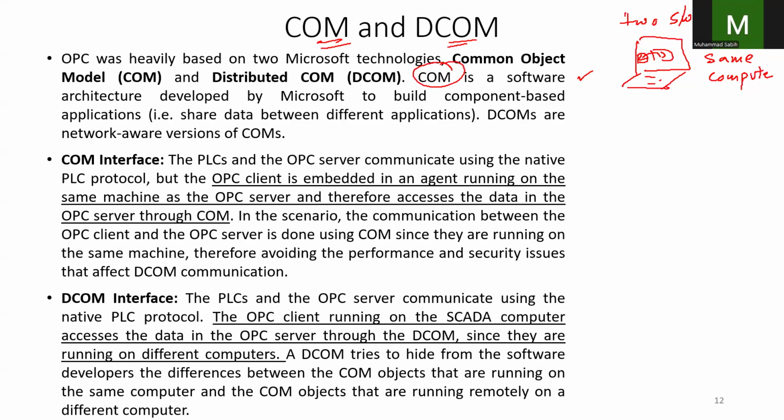So if an OPC client and server are both running on the same machine, the client can access the server's data using the COM interface.